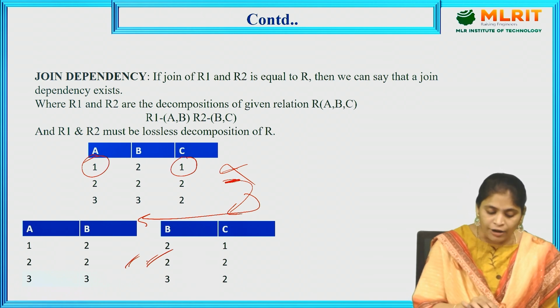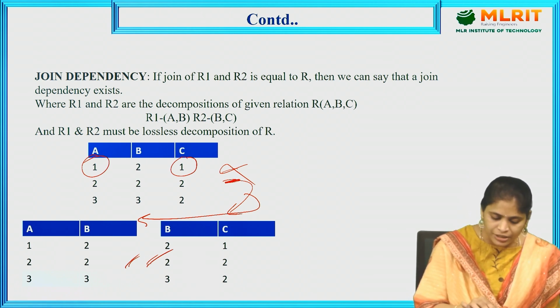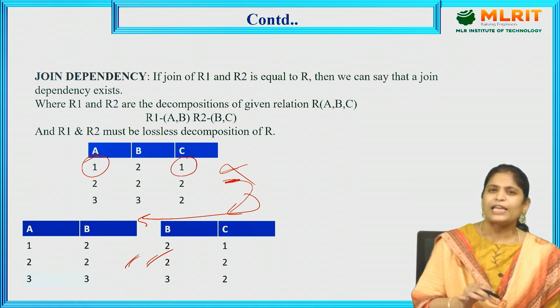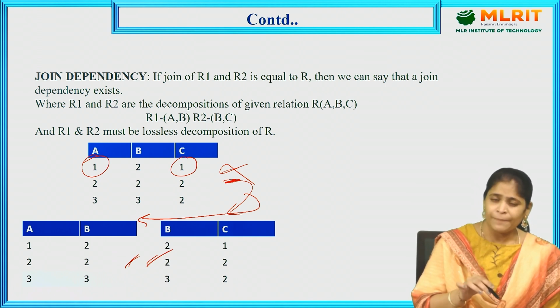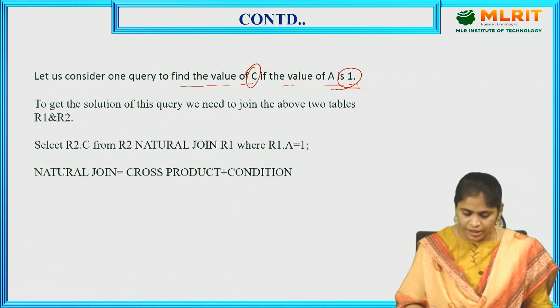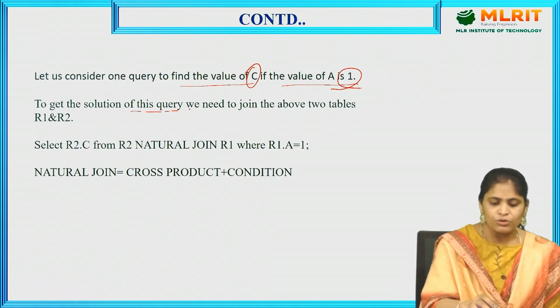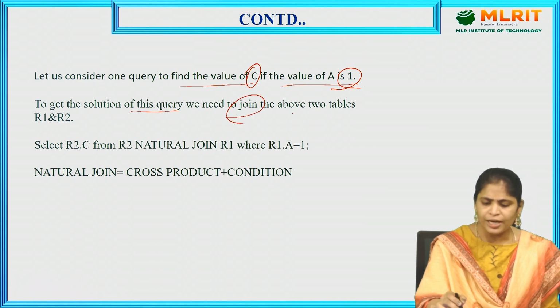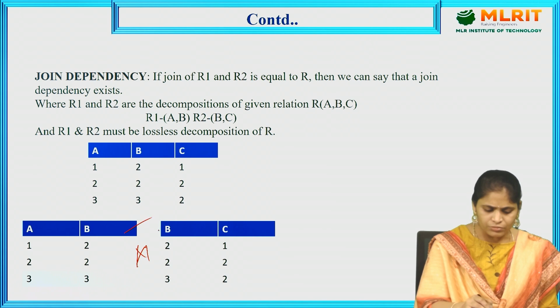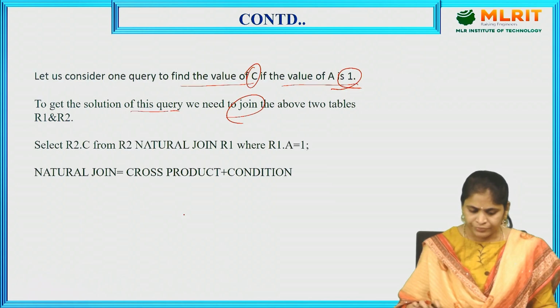After combining these two, I want to get the value of C when the value of A is 1. That is my query. To get the solution of this query, we need to join the two tables, R1 and R2, first.